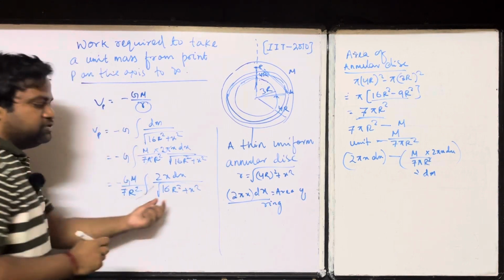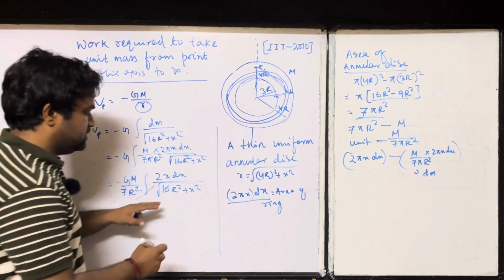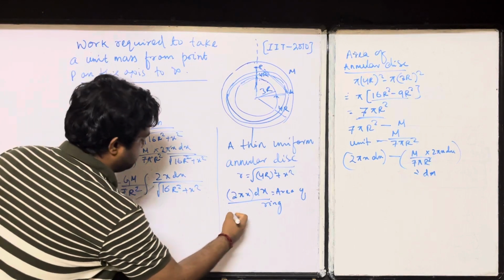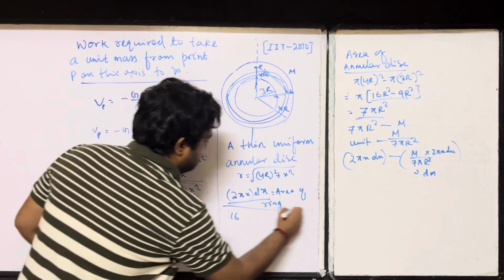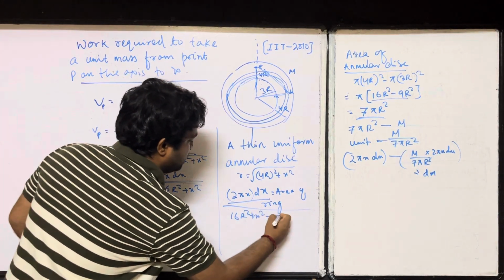Now you can see, you can use the substitution easily. How will you use it? Simply, let us say 16 r square plus x square is z.